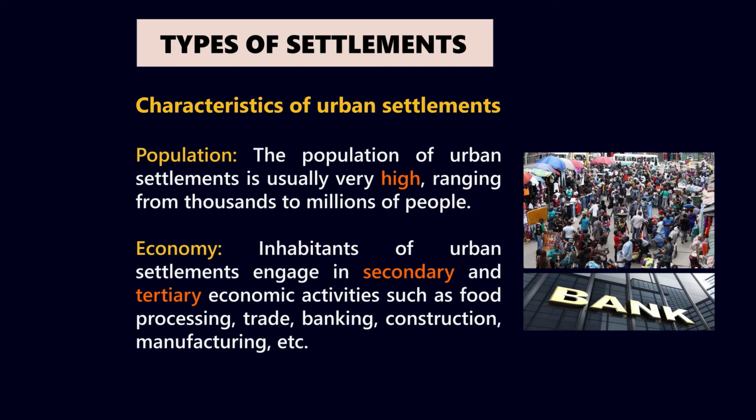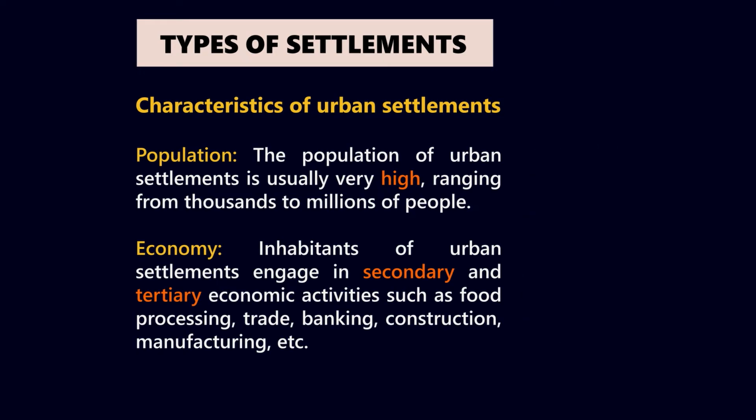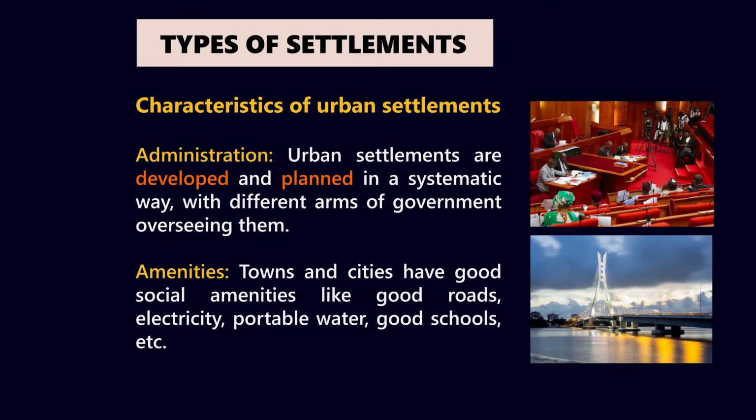Secondly, economy. People living in urban settlements, such as cities and towns, engage in secondary and tertiary economic activities, such as food production and processing, manufacturing, banking, and construction. The administration of urban settlements is usually developed in a systematic way with different arms of government overseeing them.